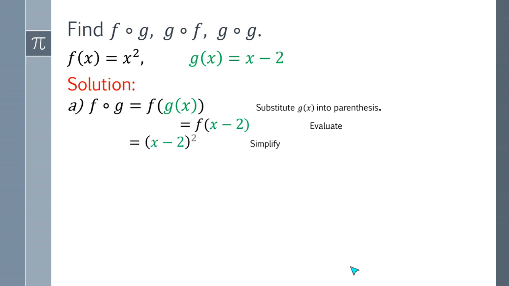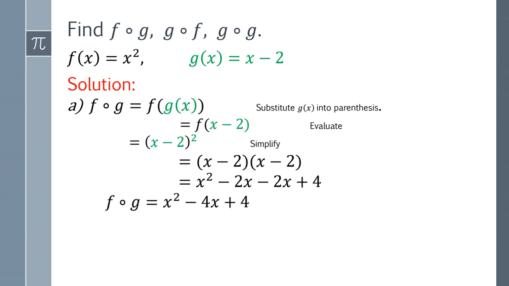To simplify, I can write x minus 2 squared as x minus 2 times x minus 2. If we multiply, x times x is x squared, x times negative 2 is negative 2x, negative 2 times x is negative 2x, and negative 2 times negative 2 is positive 4. So we get x squared minus 4x plus 4.